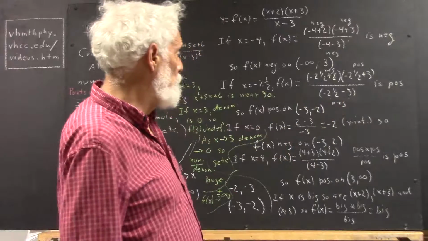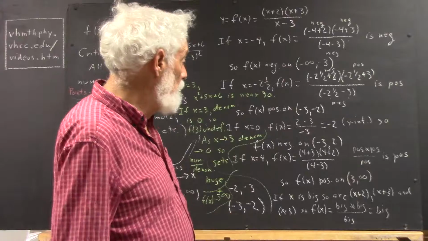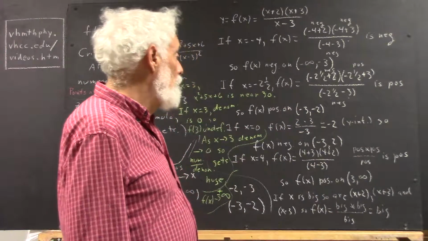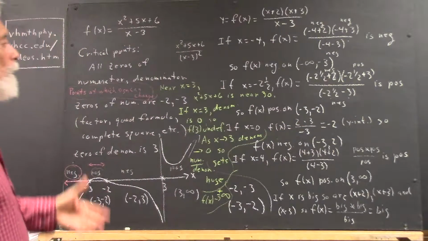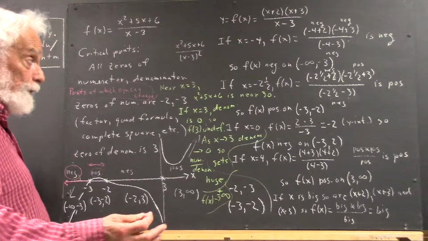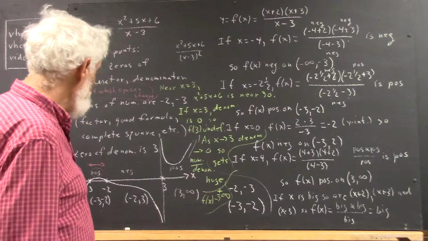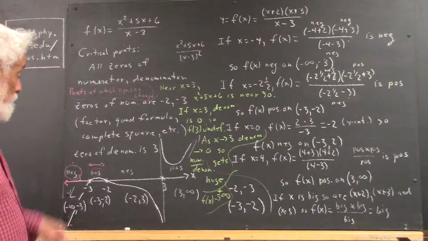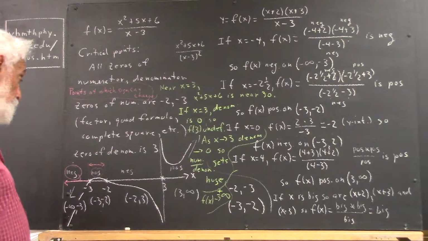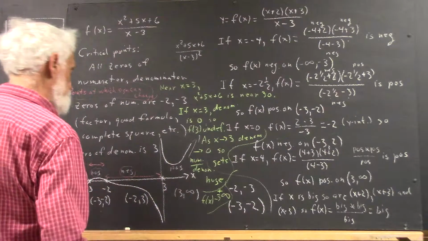And as I said, sometimes you want to draw the y-axis and put the y-intercept on the graph. So we could multiply this out, we get negative 2, and that is the y-intercept. For the purposes of just determining whether the function is positive or negative between negative 2 and 3, we find that it's negative because it's negative at 0, which is between negative 2 and 3, and it can't change sign between negative 2 and 3 because there are no critical points between them. So the function is negative on this interval.